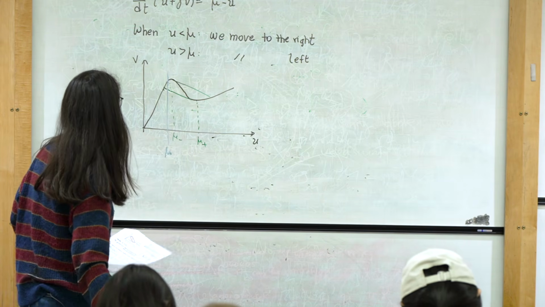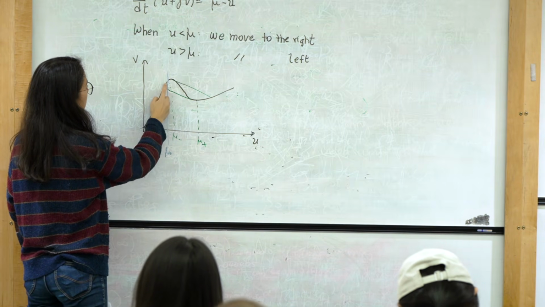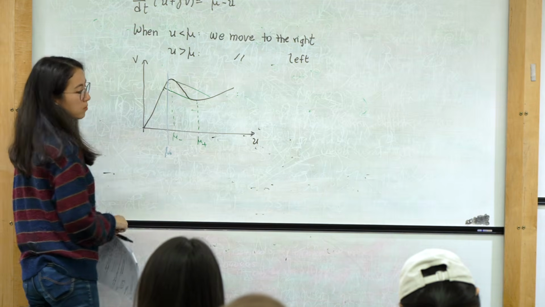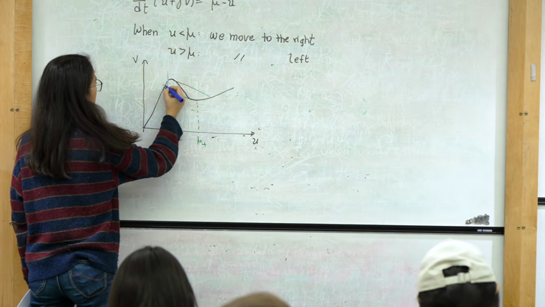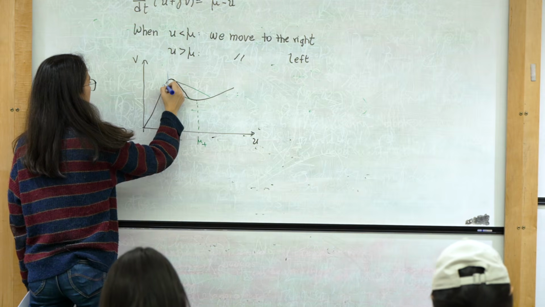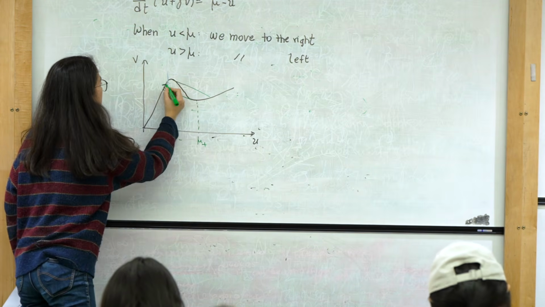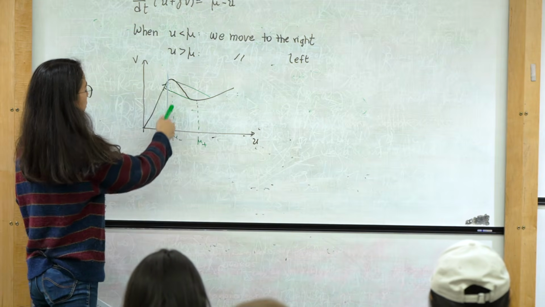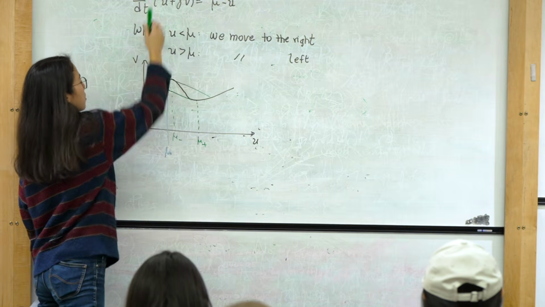So what we just found is if u, this axis is to the left of mu, so I'm in this very small region over here, I'm going to be moving to the right. So I have an arrow that goes like this. Maybe I will draw it with a different color. I'm sorry about this. This is like that. And then I'm to the right of mu, but still mu is less than mu minus.